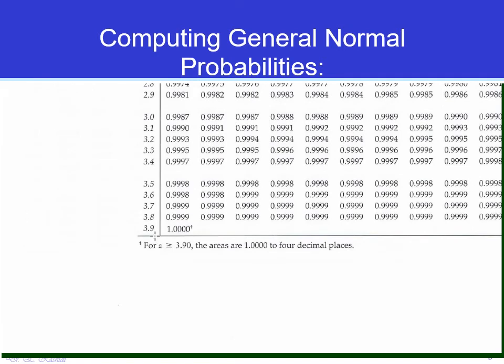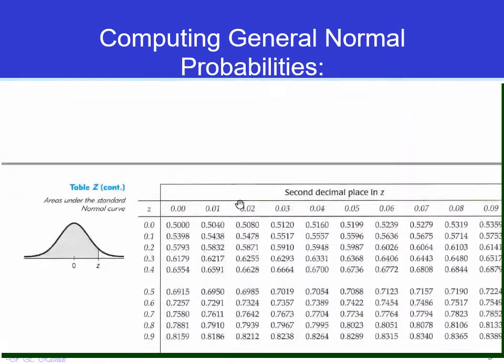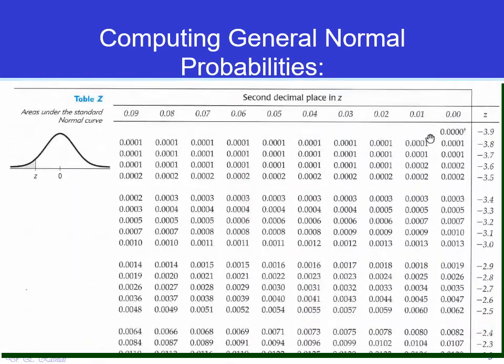For example, if you were looking for 5, then the value to 4 decimals would be 1.0000. The same would apply for negative 3.09. If you wanted to find the probability that z is less than negative 6, negative 6 is less than negative 3.09, but to 4 decimals it would be 0.0000. So that's a good estimation.